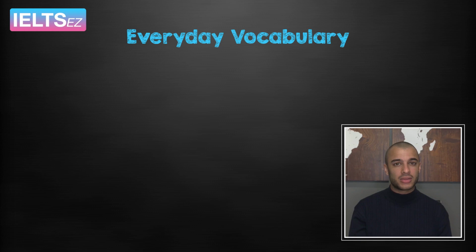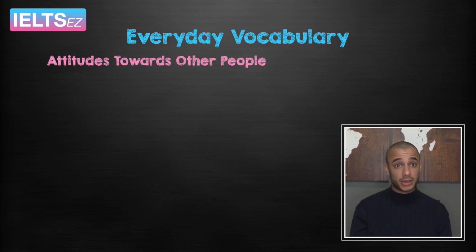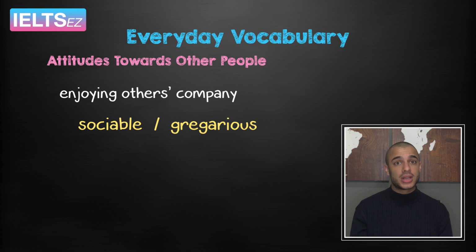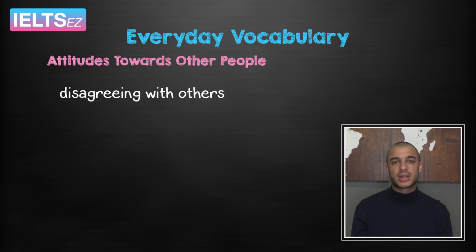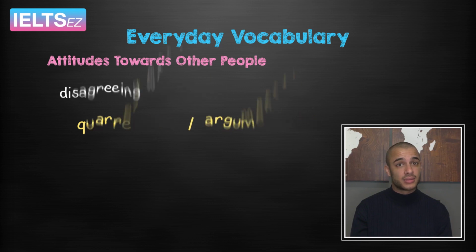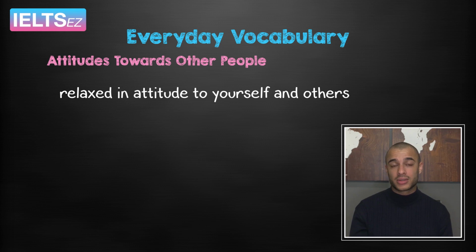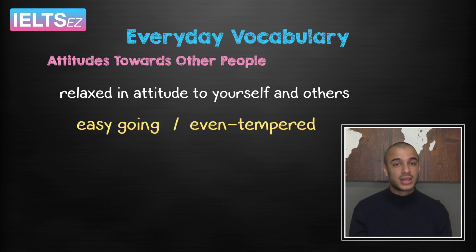Now, here is some vocabulary related to attitudes towards other people. First, we have enjoying others' company, meaning sociable and gregarious. Disagreeing with others. This means quarrelsome or argumentative. Next, you can see here, relaxed in attitude to yourself and others, or easygoing and even-tempered.